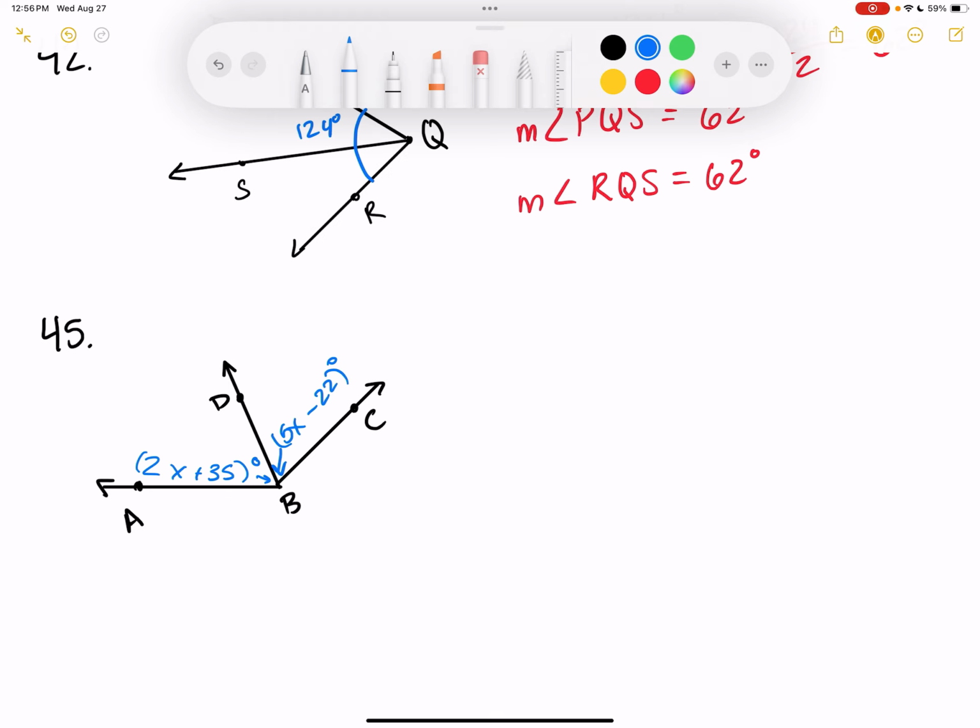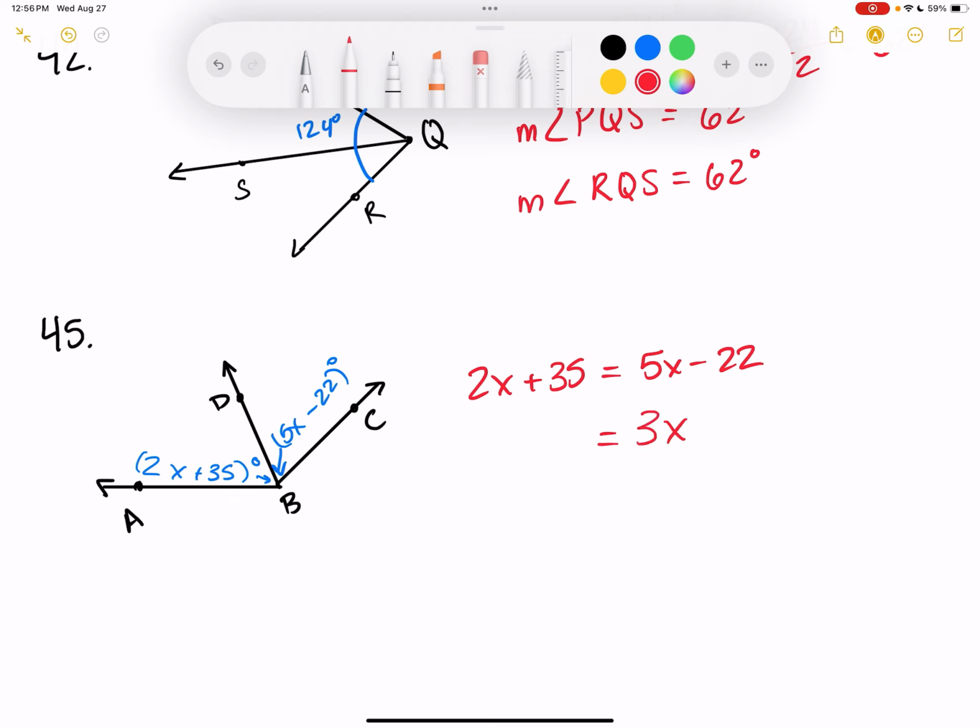Yep, so I'm going to set them up as being equal to each other. So 2x plus 35 is equal to 5x minus 22. And then I just need to solve. So how would I do that? Subtract 2x from 5x. Yep, so that'll give me 3x over here.